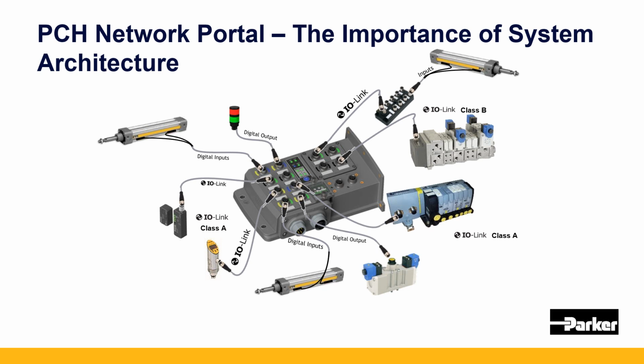Because they were hardwiring, most of that would be IP20. So going with this PCH portal, which is IP65, realistically they could just get rid of the cabinet because IP65 would be suitable for their environment.